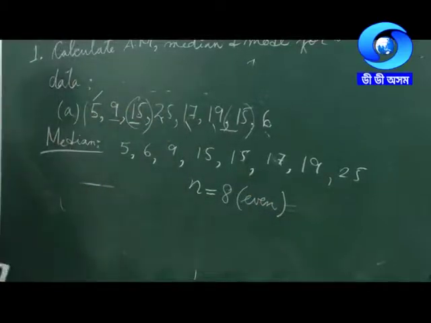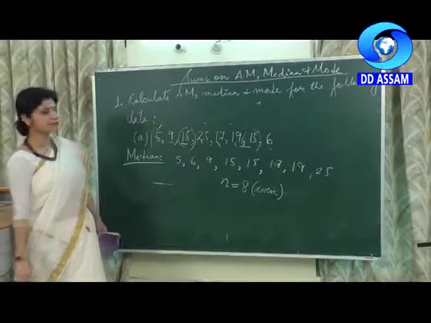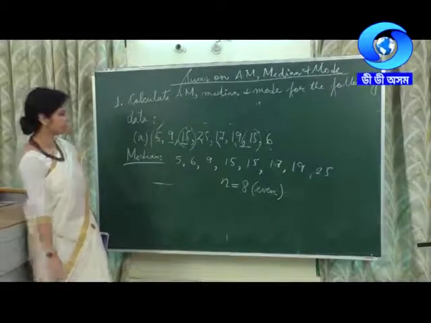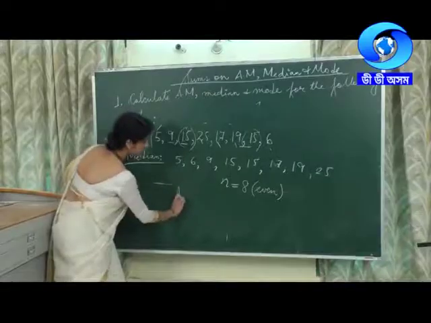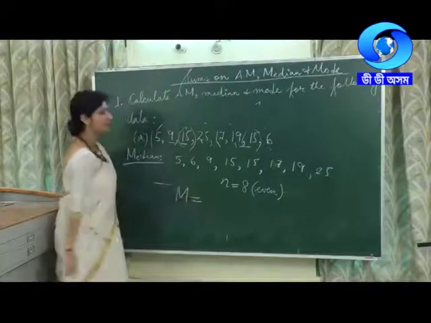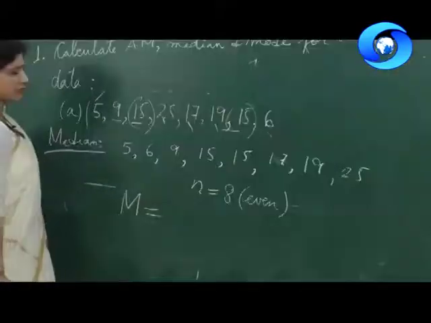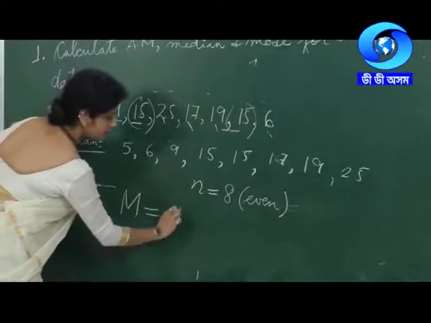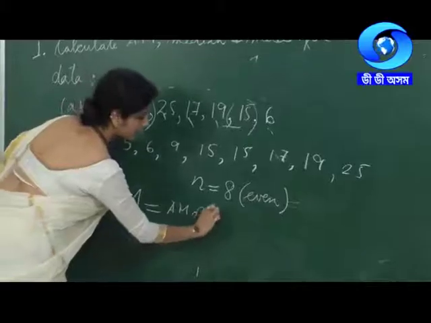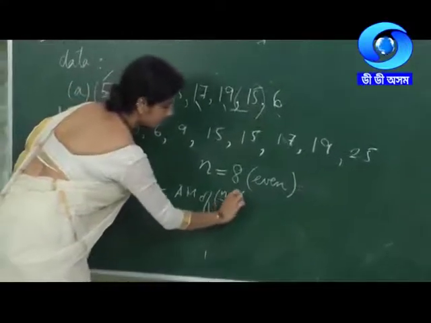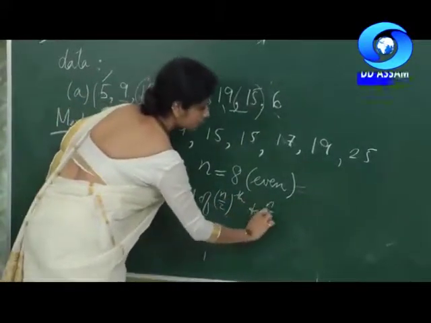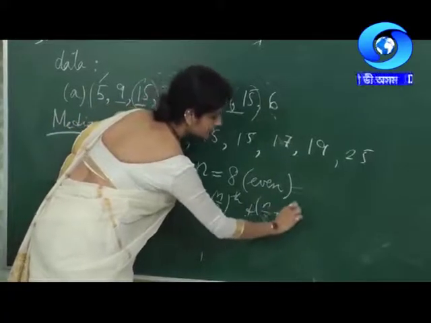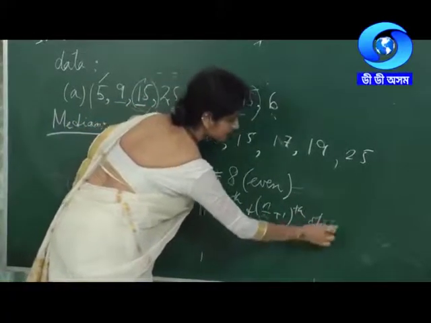All right. So if we have an even number of observations, what is the formula for finding the median? Median will be equal to the arithmetic mean of the n by 2th and n by 2 plus 1th observations.